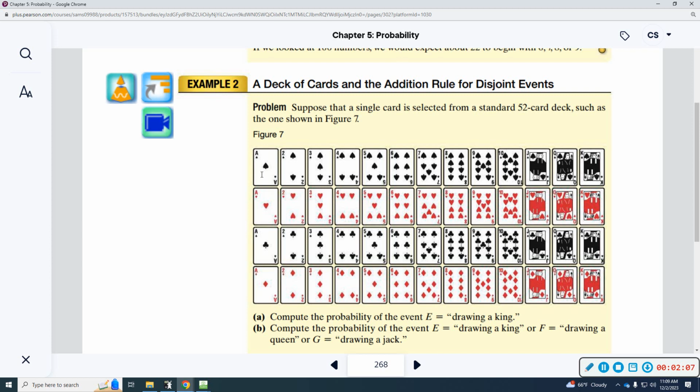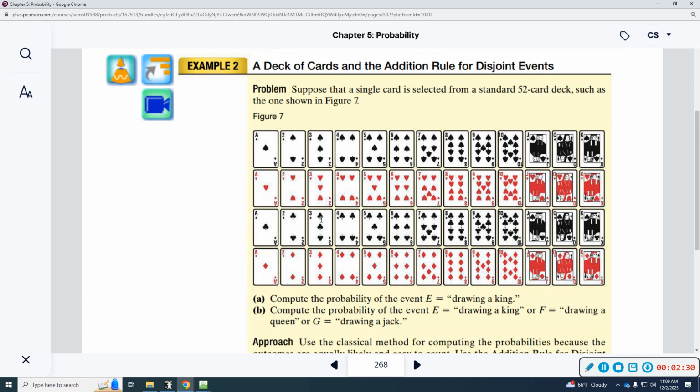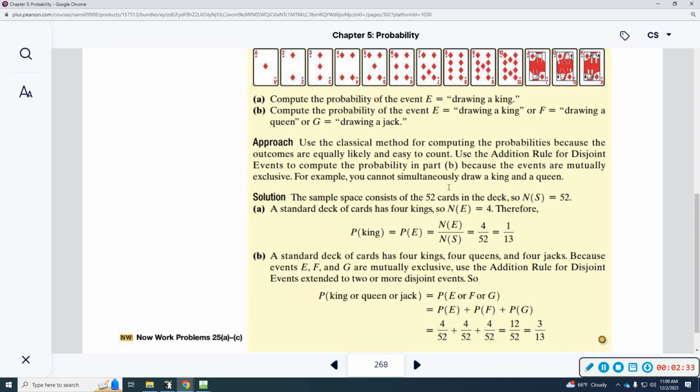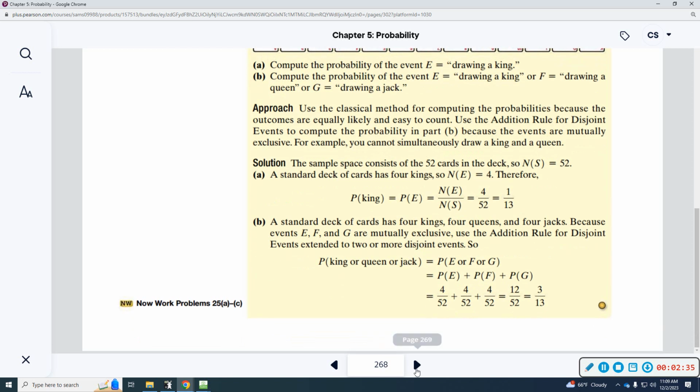So you've got spades and clubs that are black, hearts and diamonds that are red, and each suit has ace, and then 2 through 10, and then jack, queen, king. Jack, queen, king are referred to as face cards. So you do need to be familiar with a deck of cards. Each number or card, there's 4 of them, 1 in each suit. So you've got some examples, and you can kind of see these with playing cards.